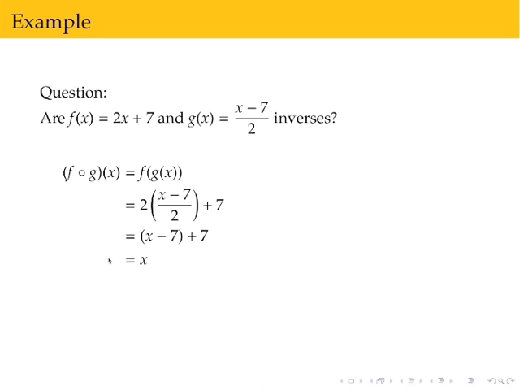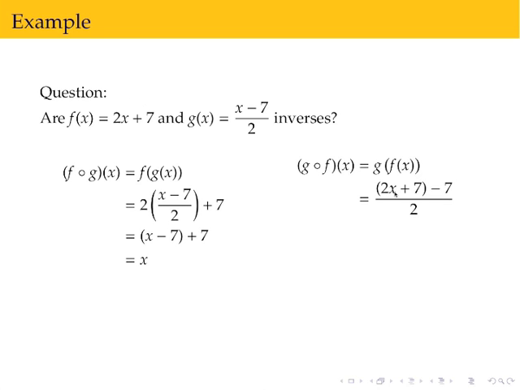Now, it's not enough just to do it in one direction. You do need to check both directions to see if the composition works in both ways. So let's check g compose f and make sure that it is also just x. So g is my outer function this time, and I'm using f as the input of g.